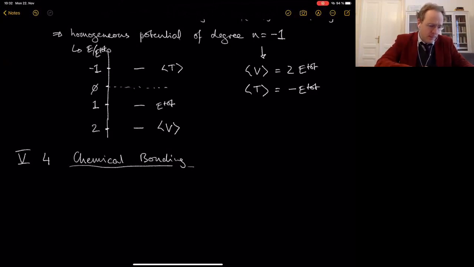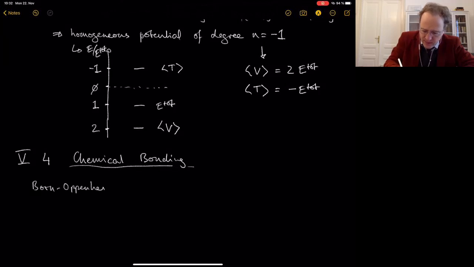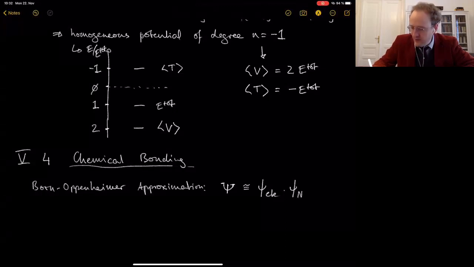So you can start with the Born-Oppenheimer approximation, which tells us that our full wave function is, roughly speaking, a product of the electronic times the nuclear wave function.